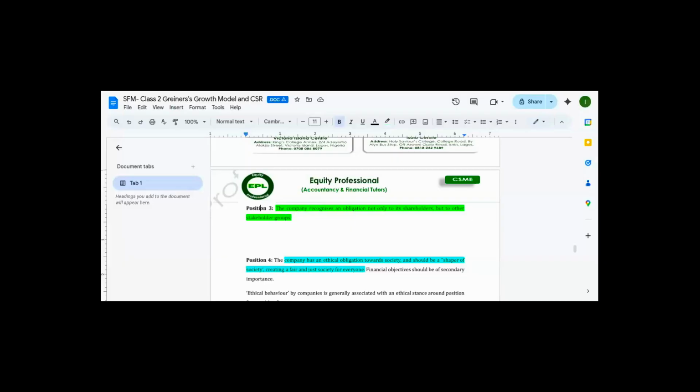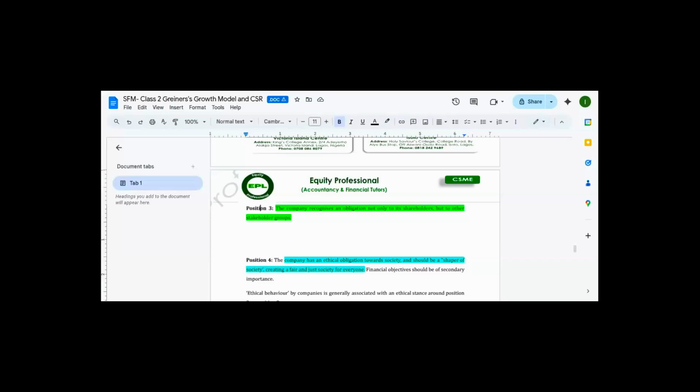So in position 3, the company must recognize an obligation not solely to its shareholders, but to other stakeholders. I was telling you that there is a difference between shareholders and stakeholders. All shareholders are stakeholders of the company, but not all stakeholders are shareholders of the company. So that has to be noted. I love this position 3 because it is more encompassing.